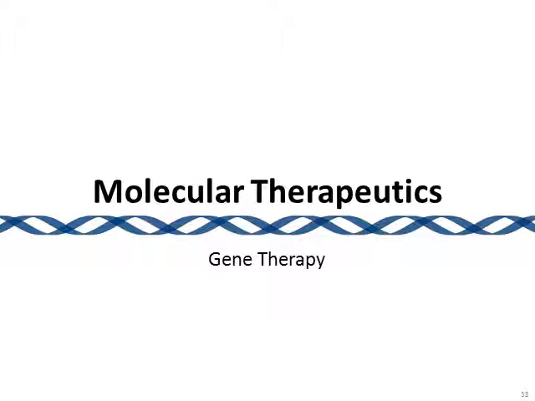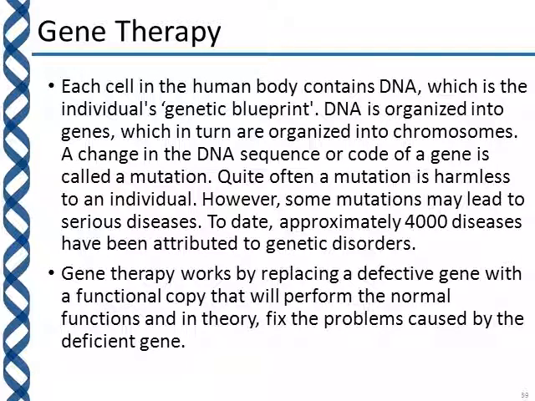The next topic that we'll discuss is molecular therapeutics: gene therapy. Each cell in the human body contains DNA, which is the individual's genetic blueprint. DNA is organized into genes, which in turn are organized into chromosomes.